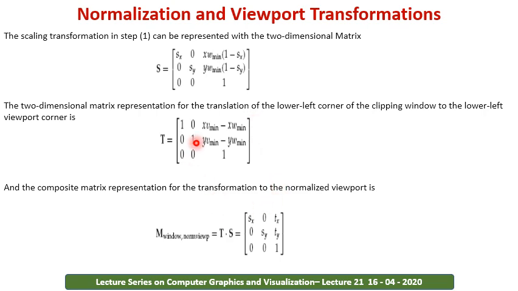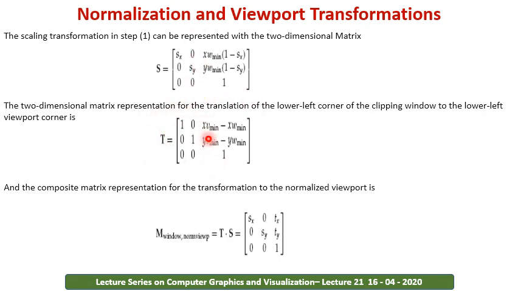Similarly, the two-dimensional matrix representation for the translation of the lower left corner of the clipping window to the lower left corner of the viewport will be mapped according to this translation matrix.